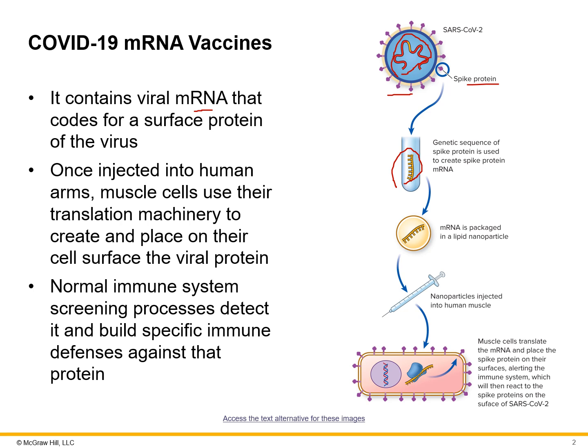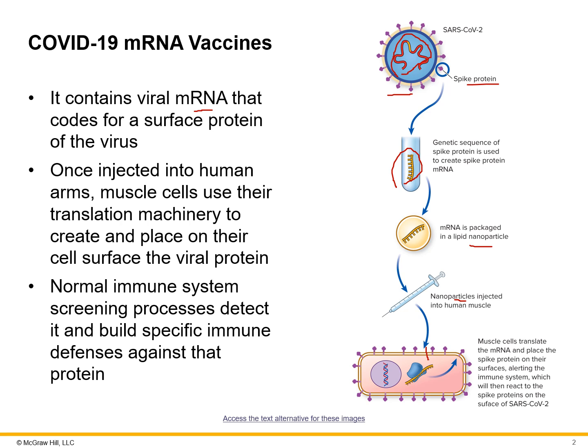So that messenger RNA is then packaged again, either into one of those lipid nanoparticles, or it could be put into a vector. This example, though, it's putting the mRNA into nanoparticles. That's injected. That's what we receive whenever we get the COVID vaccine. So those nanoparticles are going to allow it to enter into our cells, so through our cell membrane.